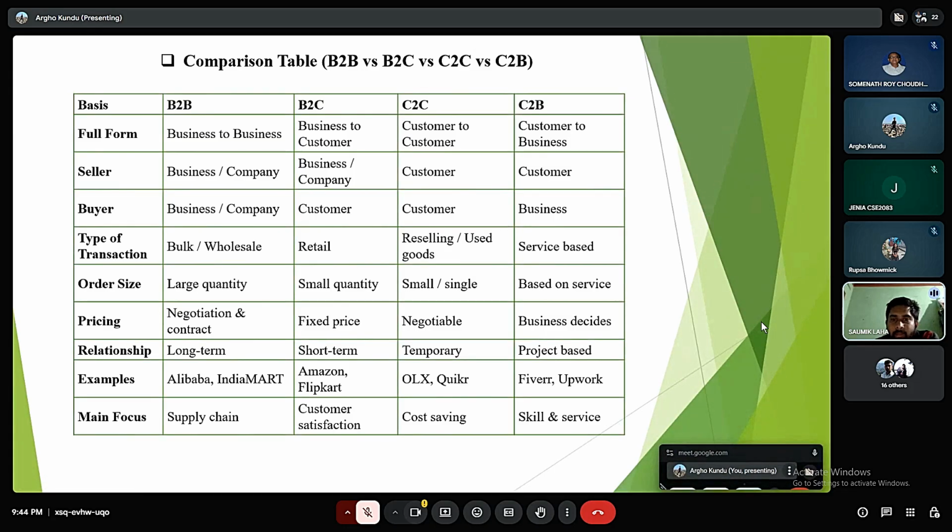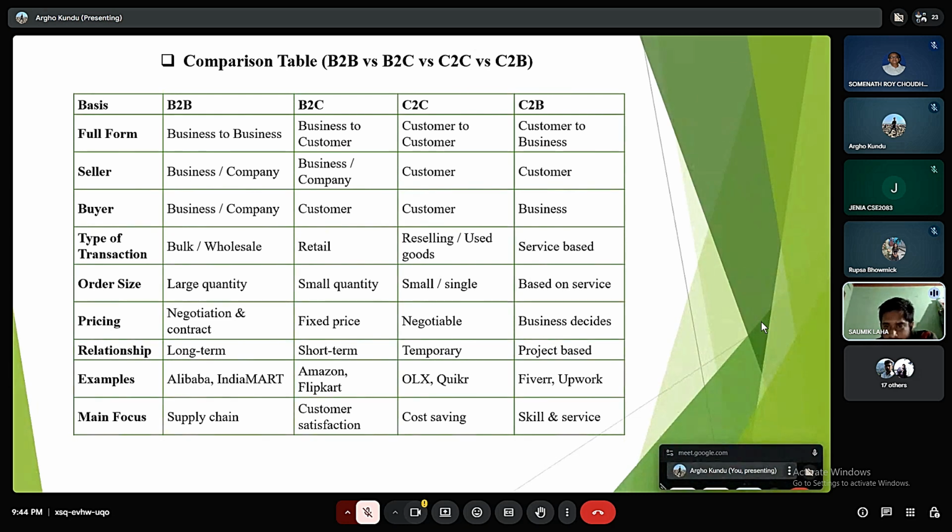Comparison table: B2B, B2C, C2C, and C2B. Basic full forms: B2B, business to business; B2C, business to customer; C2C, customer to customer; C2B, customer to business. Seller: B2B is a business, B2C is a business, C2C is a customer, and C2B is a customer.